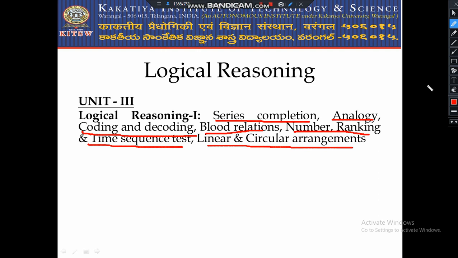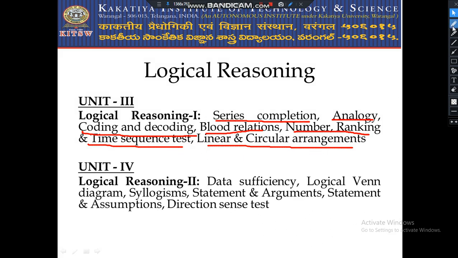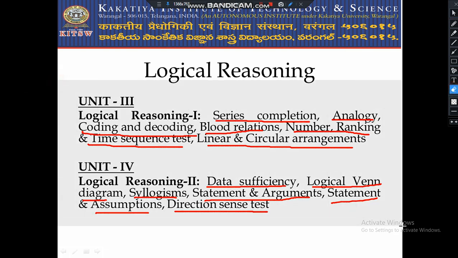These are the topics which utilize math skills but for reasoning. Then unit 4 has data sufficiency, logical Venn diagram, syllogisms, statement and arguments, statement and assumptions, and direction sensing test. So this is the syllabus for this subject, quantitative aptitude and logical reasoning.